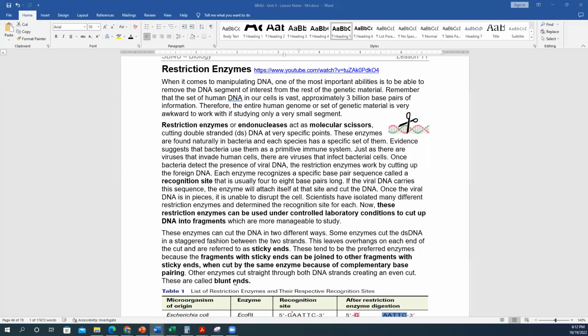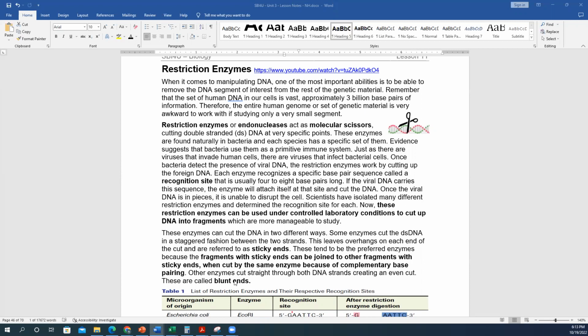Now, keep in mind that human DNA that we have in our cells is extremely large. It's approximately 3 billion base pairs worth of information. And so really the entire genome or the entire set of genetic material, 3 billion base pairs, would be very, very awkward to work with if you're only interested in studying and looking at a small segment or one gene or even a small set of genes.